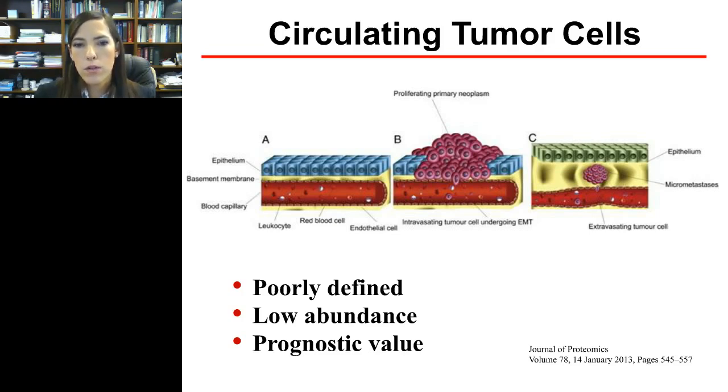So in 1 ml of whole blood, there may be 10 million white blood cells and 5 billion red blood cells, and a metastatic breast cancer patient may have on the order of 100 circulating tumor cells. So they're very difficult to study because of their extreme low abundance. And we're interested in studying these because they hold such promise of prognostic value to the patient.